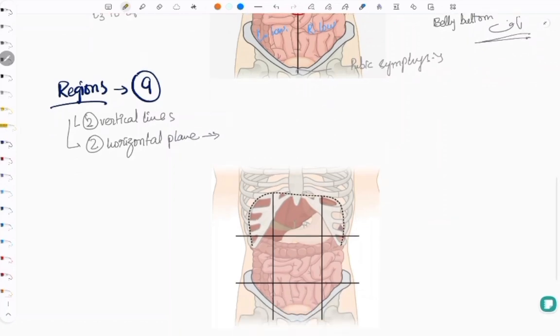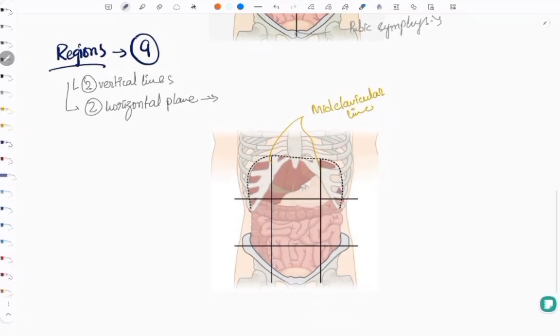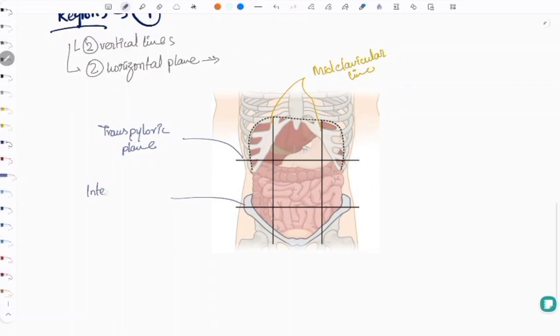The 2 vertical lines that divide our abdomen into 9 regions are the mid-clavicular lines, and the 2 horizontal planes are the transpyloric plane, passing through the pylorus of the stomach, and the intertubercular plane that joins the 2 iliac tubercles of the pelvic bones.